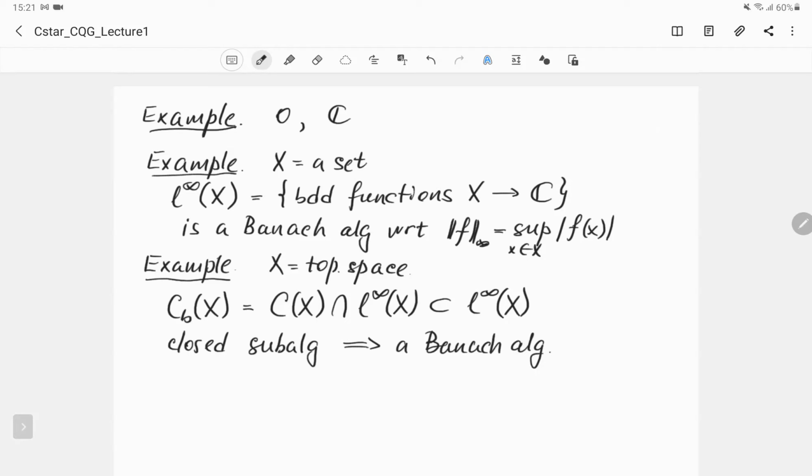This algebra C_b(X) contains an important subalgebra which consists of functions which vanish at infinity. So we give the following definition.